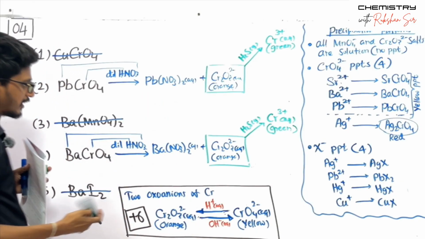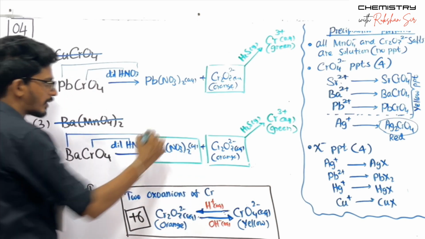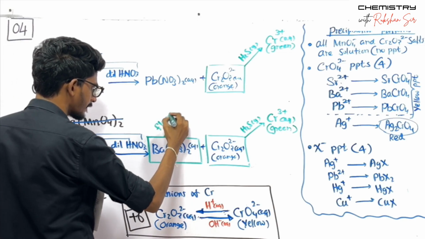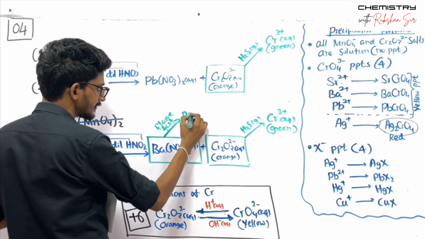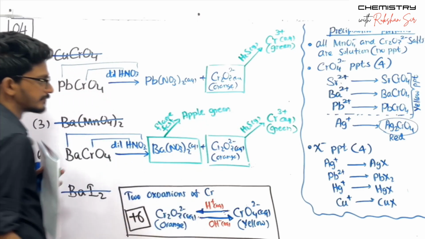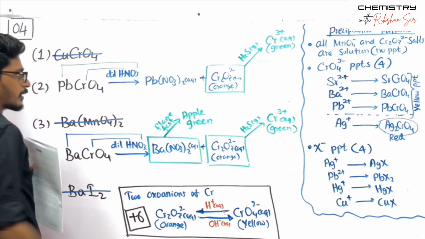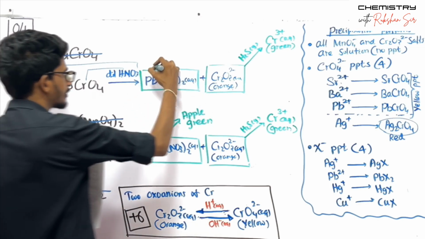In the flame test, this will give you an apple green color. But in the flame test here, you are not observing a characteristic color.